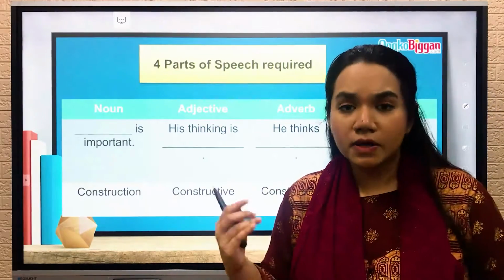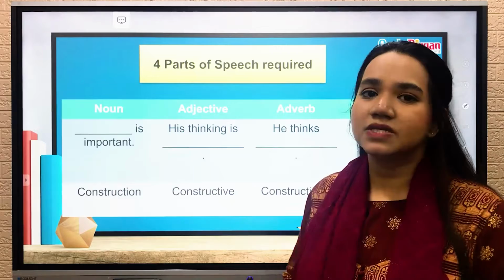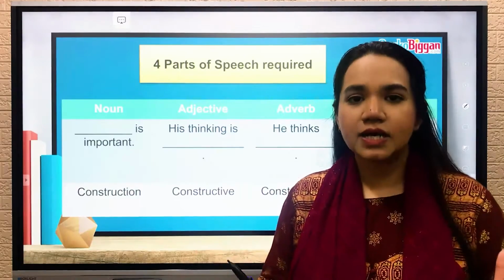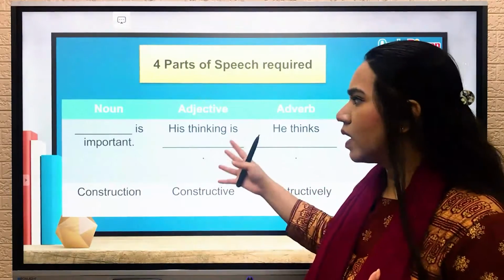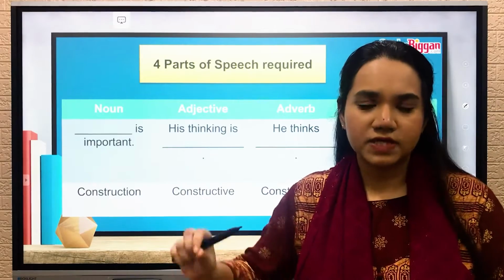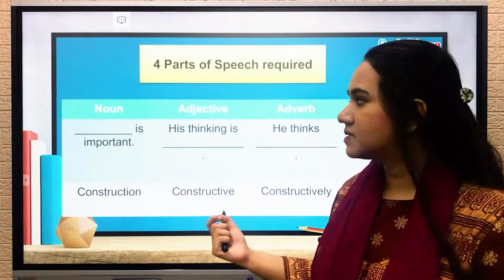So you need to have these four parts of speech totally clear in your brain so that you can understand where we can put what in these fill in the blanks.